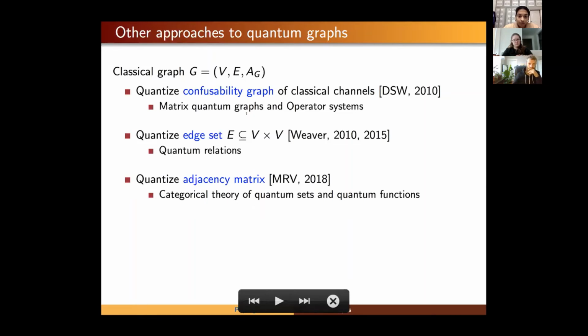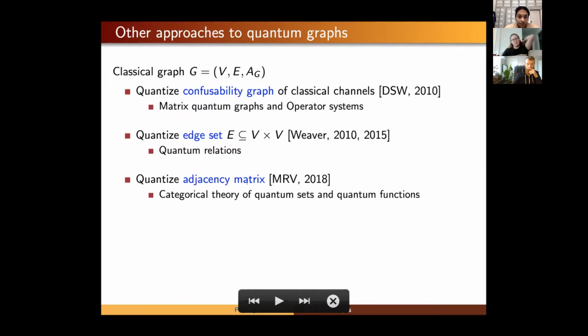But another way, which is more commonly used and is a generalization of this operator system picture, is viewing quantum graphs as quantum relations. This idea was proposed by Nik Weaver when he was studying quantum relations on a quantum set. And in this perspective, a quantum graph is viewed as a quantization of the edge set.